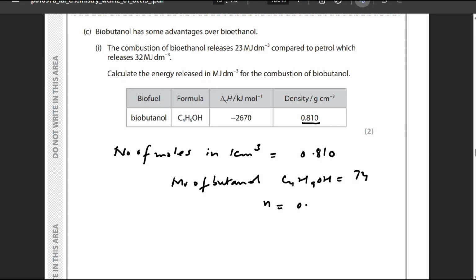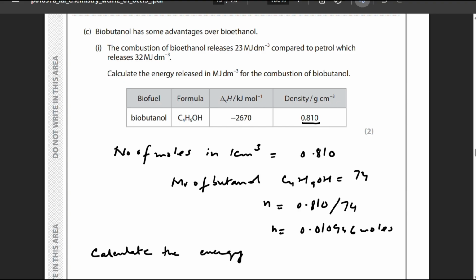So number of moles is equal to mass over Mr. Number of moles is 0.010946 moles. So these are the number of moles. Now you need to calculate the energy produced per centimeter cube.